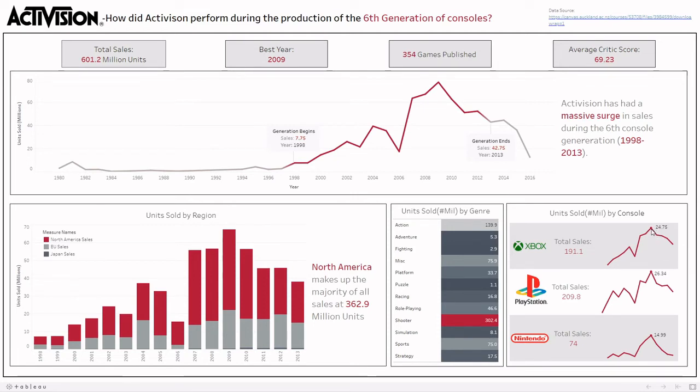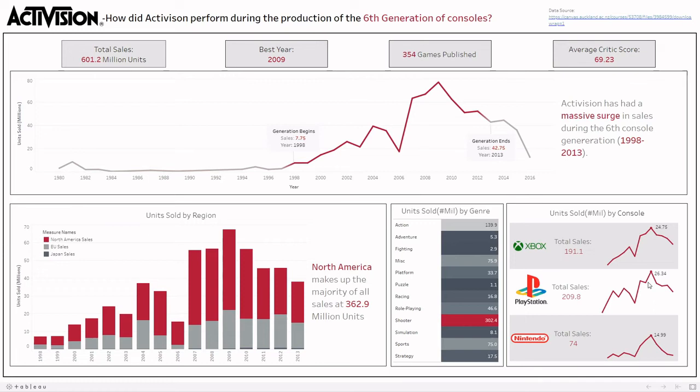I believe that this was 2009 for all three. I didn't include any dates or any axes for these because I thought that might take away from the overall message that I'm trying to get across here, which is just an overall positive trend for all three platforms.